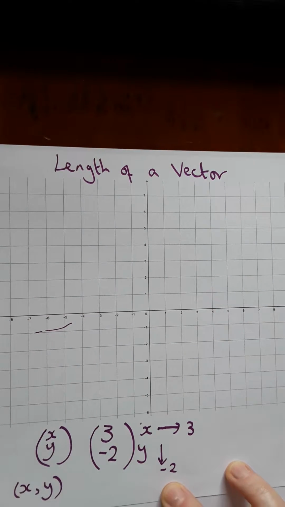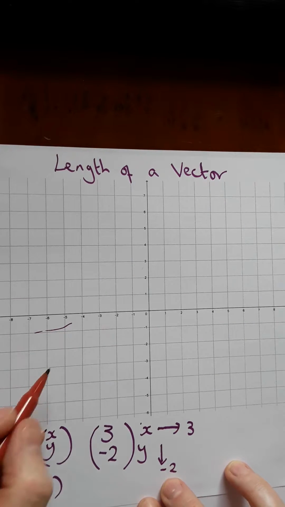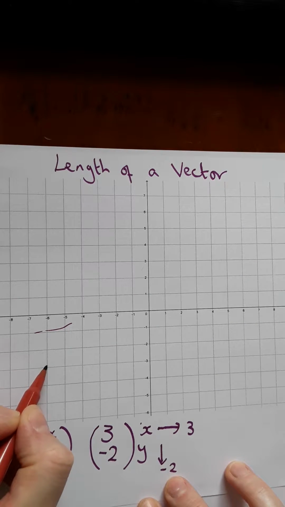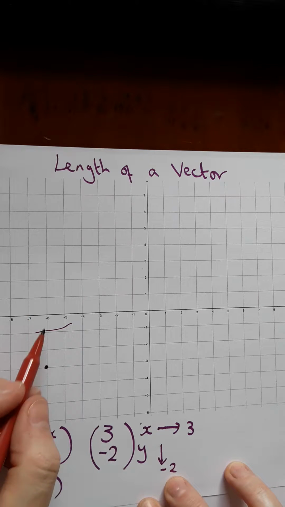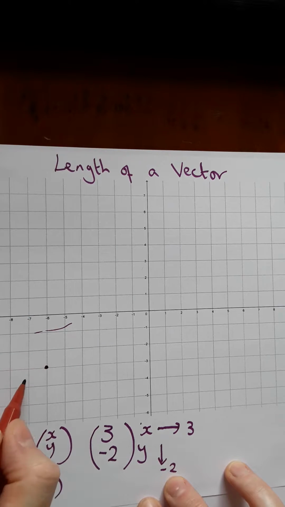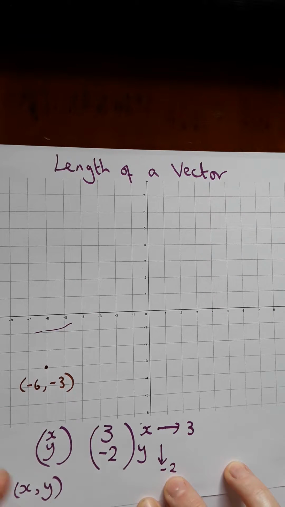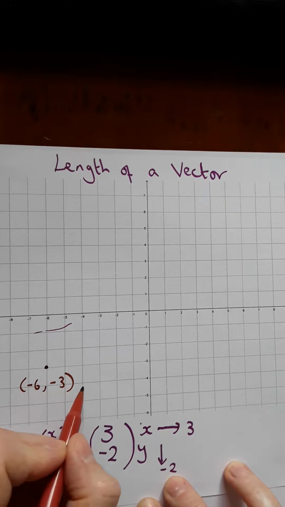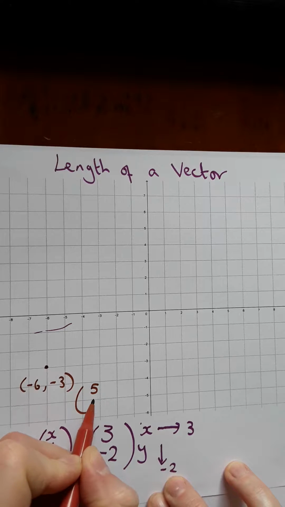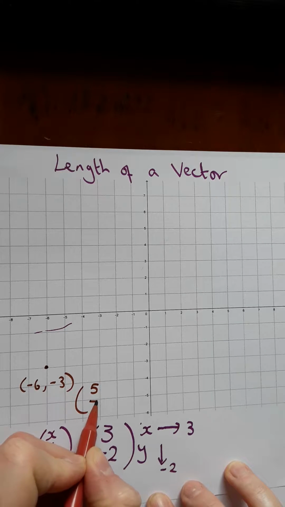So let's start by drawing a point. And my point that I'm going to start with is going to be (-6, -3). And I'm going to move this in the vector of (5, 7).